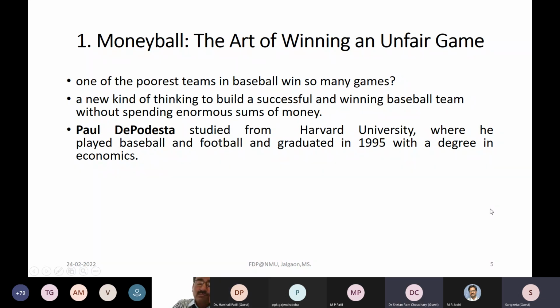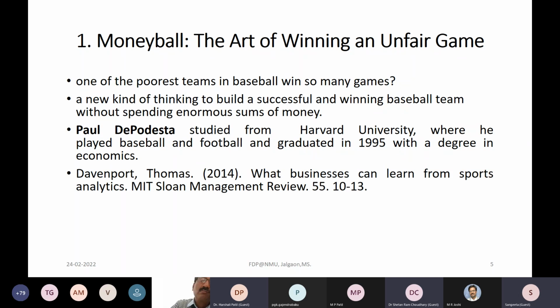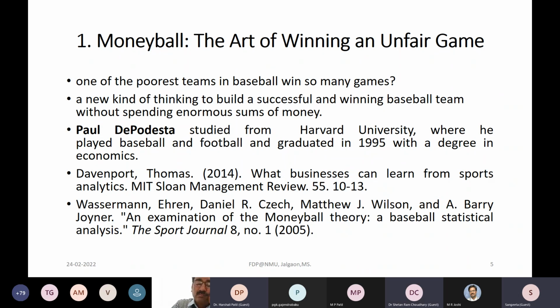So you can make a team. The manager and Paul were both so convinced about this that it later became history: they won 20 games in a straight set and completely changed the game. And thus this book came up. It's a true story and it has been played in real life in movies also. Recently, there are lots of such movies going on. Whenever you get time, you should watch it.